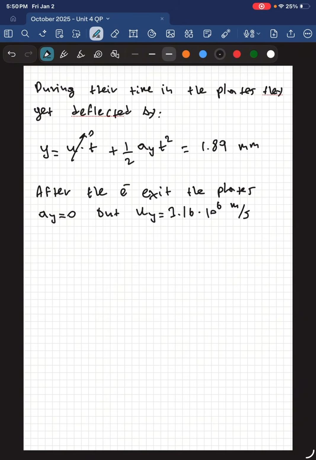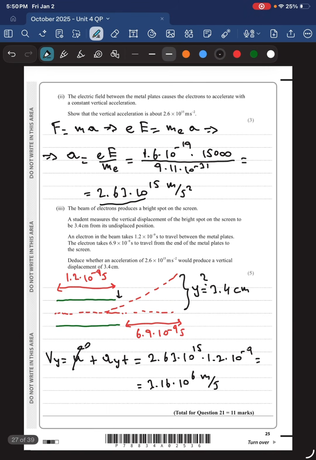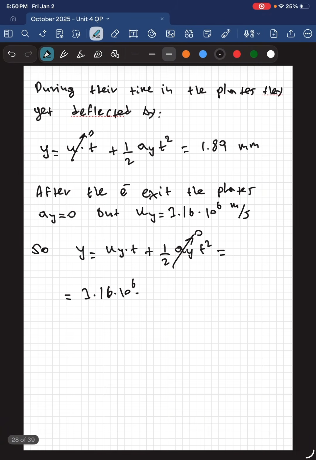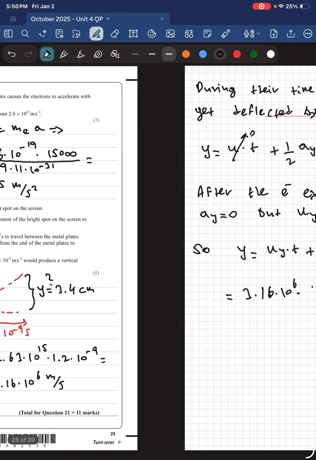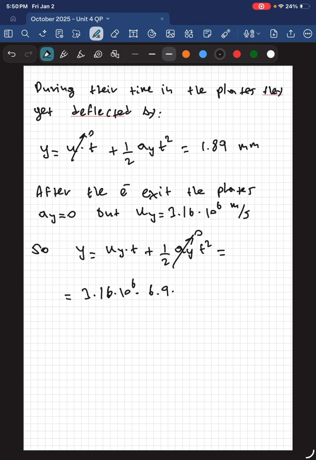So they will get deflected. y is again uy times t plus 1/2 ay t squared, but ay is now 0 outside the plates. So it is 3.16 times 10 to the 6 times t, and now t is 6.9 times 10 to the negative 9 seconds.